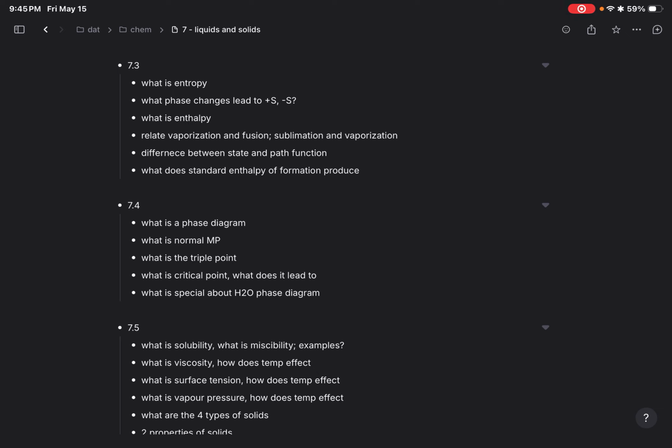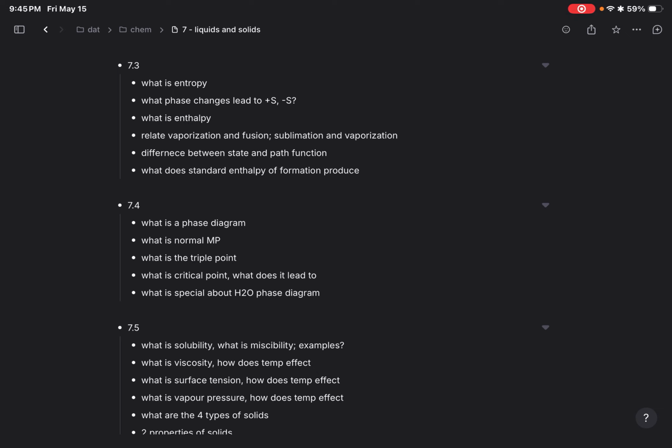What even is sublimation again? Sublimation is from solid to gas, right? So then vaporization. You're going to require more energy for sublimation than vaporization. That makes common sense.